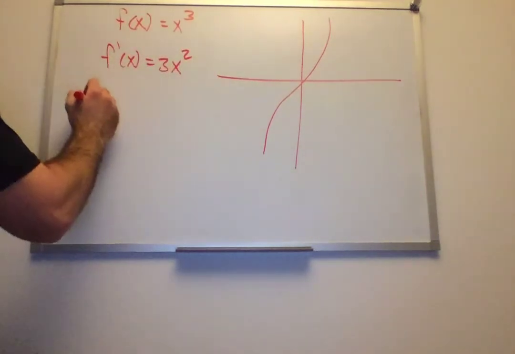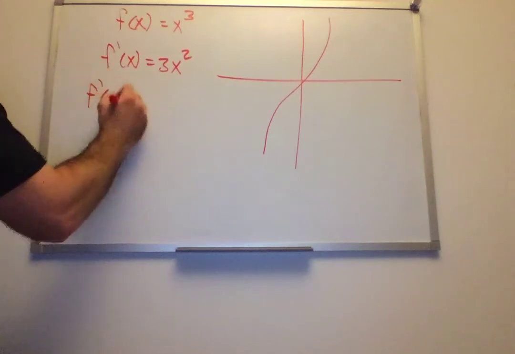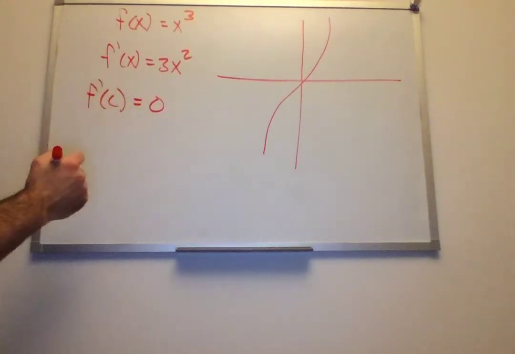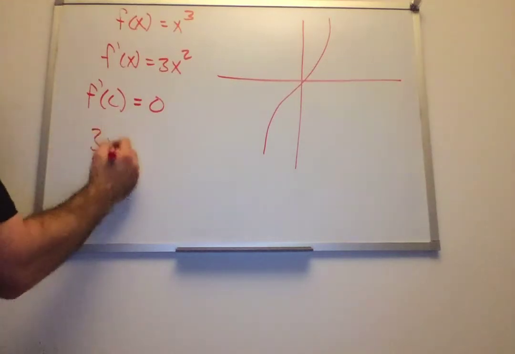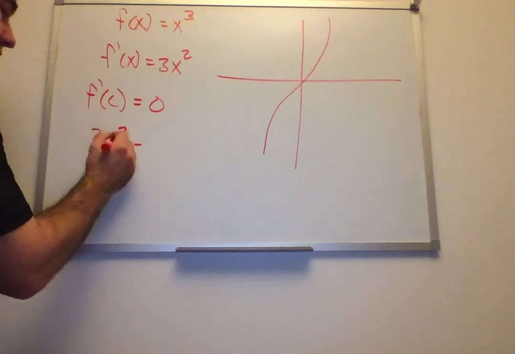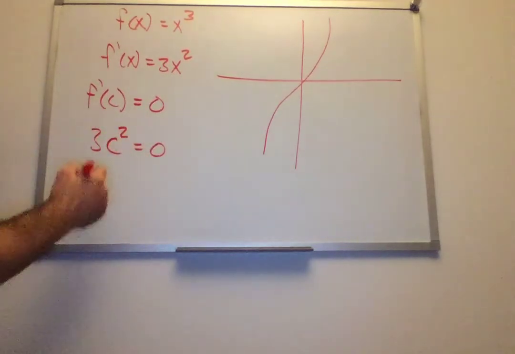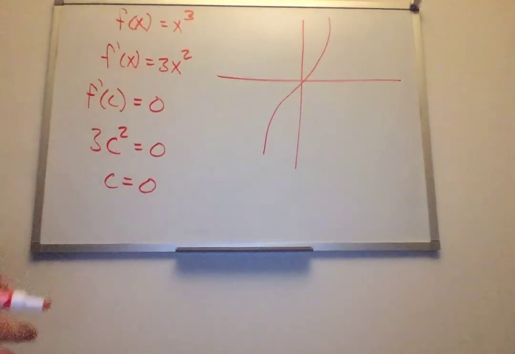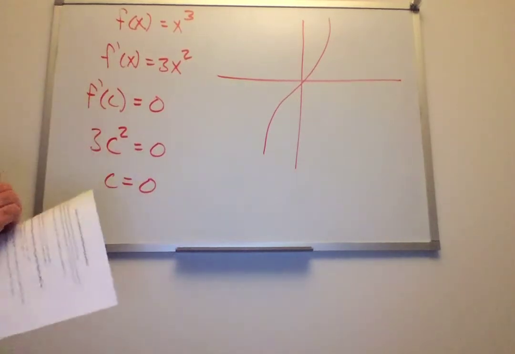Is there a c value such that the derivative equals 0? Well, yeah. 3c squared is equal to 0, and if you solve this, you'd find c must be equal to 0. So we did find a number that satisfies the conclusion of Fermat's theorem.